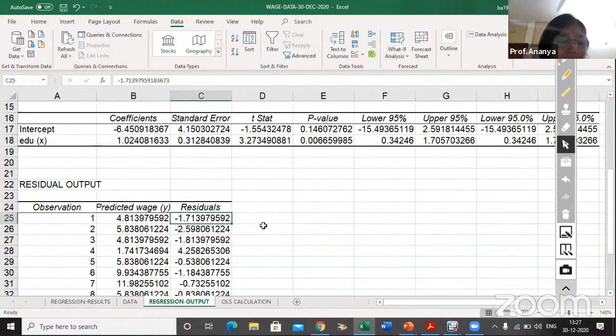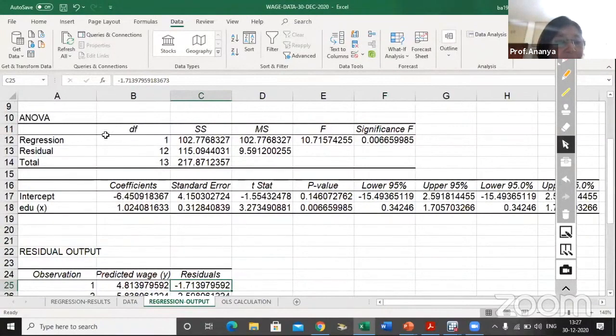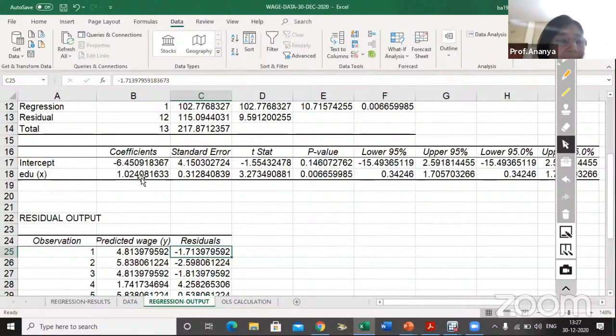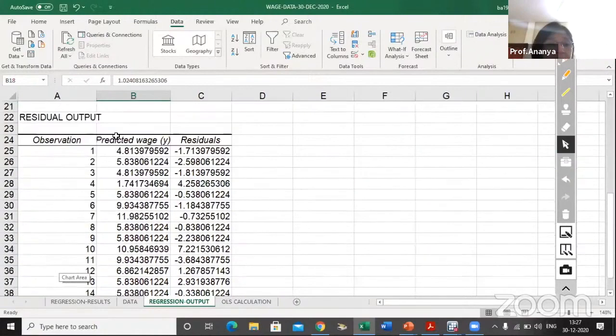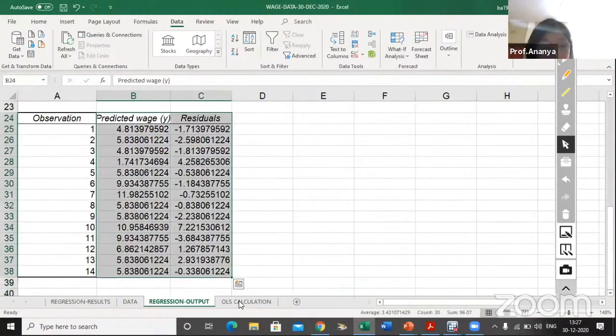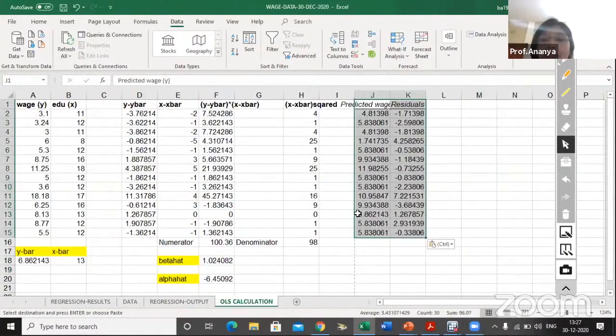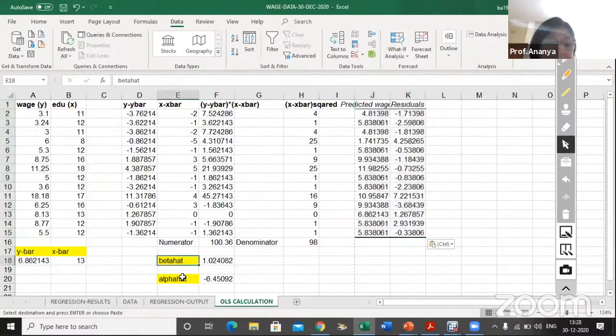Very quickly, what are these? I have run a regression of wage on education. And this is my regression line. So the predicted values are all the points on the line. If I were to just copy it over here in the next sheet, you can see here is my beta hat, here is my alpha hat.